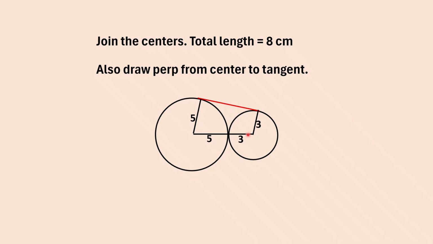So we join the centers, and because the circles are touching, the distance would be 8 centimeters. Now we draw a radius in each circle perpendicular to the tangent. So we get this radius 5 and this radius 3 centimeters in length.